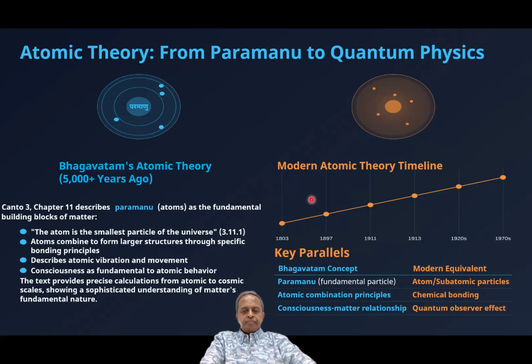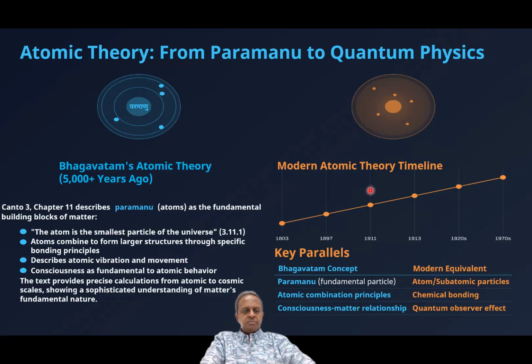John Dalton's theory in 1803 provided the first systematic modern approach. J.J. Thomson discovered the electron in 1897.